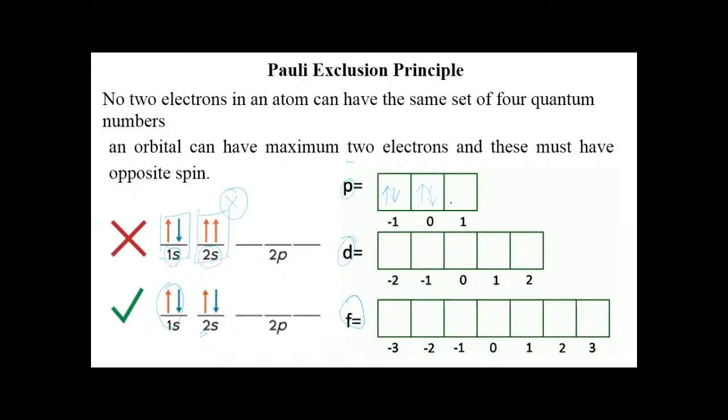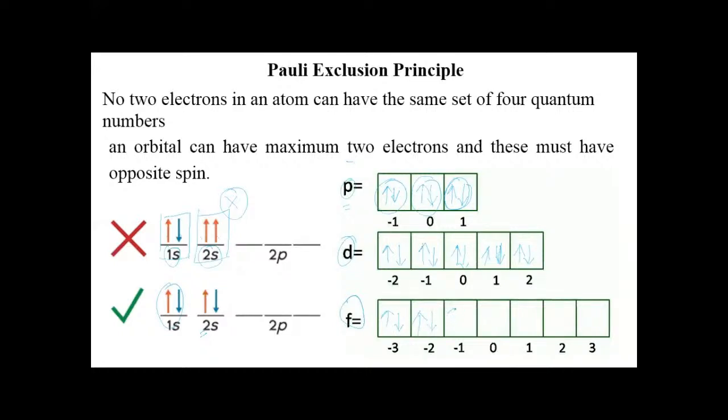You can see in the p subshell there are 3 orbitals, and I fill 2 electrons in a single orbital, and they must have opposite spin. Similarly for the d, the upward arrow and downward arrow indicate that they have different spin. Similarly for f, they have opposite spin.